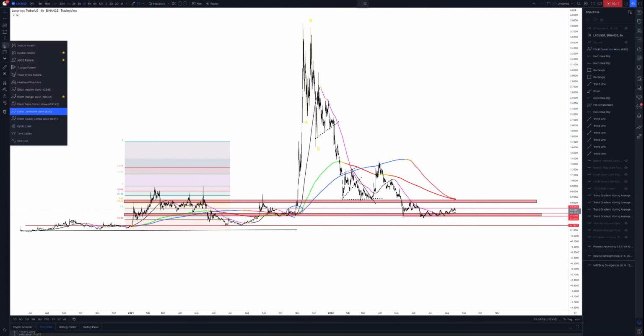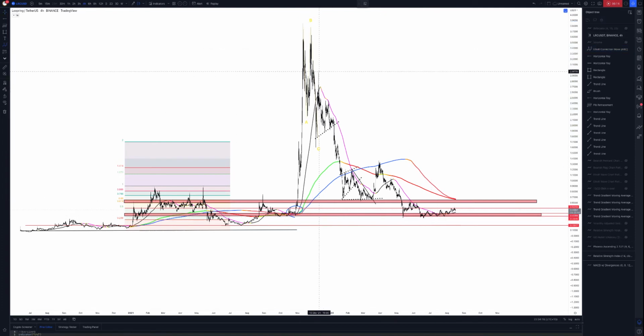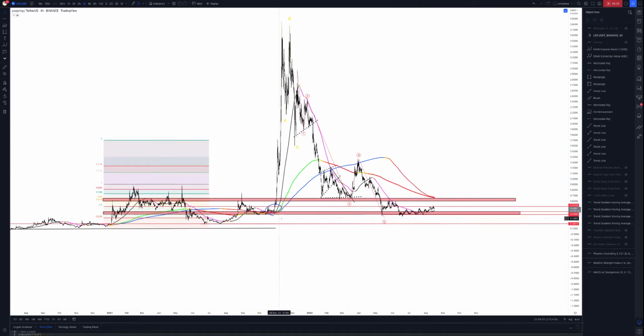Let's do that. So we'll do wave 1, 2, 3, 4, 5. So we're in the accumulation range. How long would that go for? No idea. There's that slight possibility that it'll come back down here. It's probably worth a good area to buy.